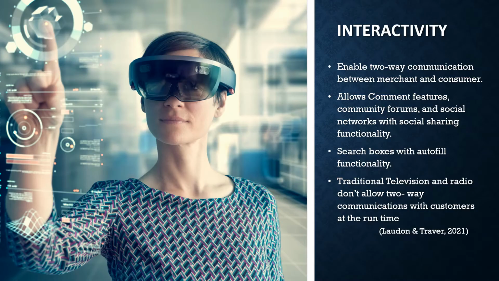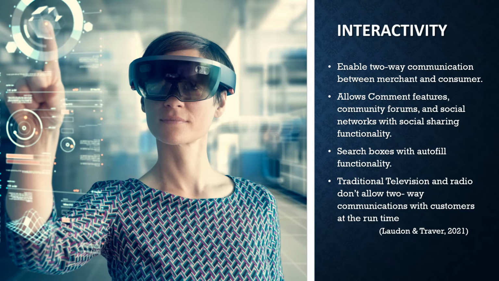So let's move to the next feature, which is interactivity. It allows two-way communication between merchant and consumer. Again, this is e-commerce. There is no physical person available, though there are chats available with the salesperson, but it allows you to communicate with that website. Some e-commerce websites have a feature where they can post in community forums like on Facebook, Instagram.